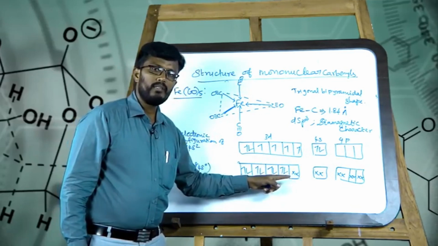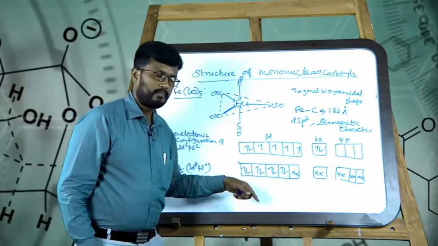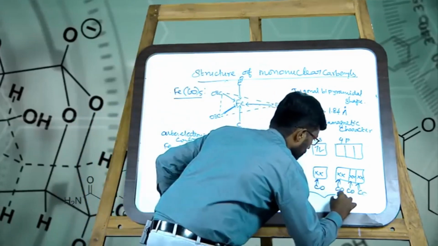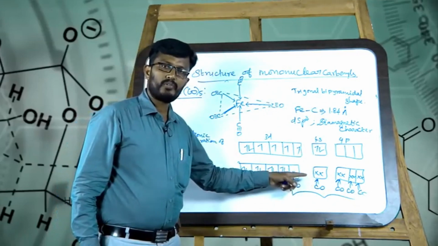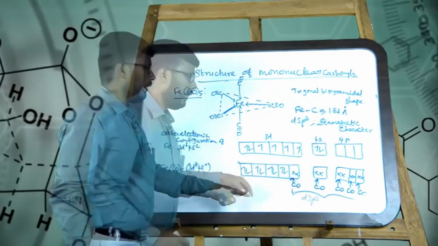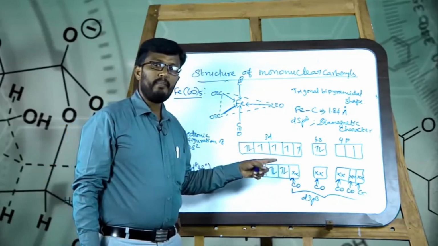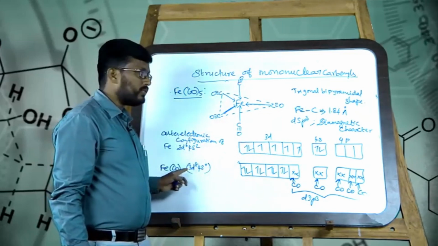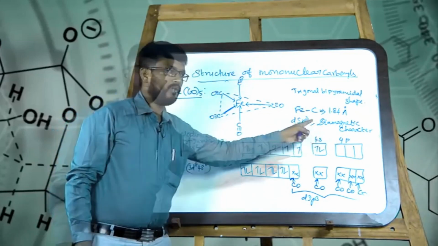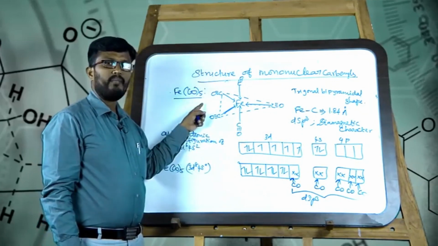The carbonyls tend to donate electrons to the metal atom. The 5 carbonyls donate electrons to the metal atom, and that is dsp3 hybridization. With the absence of unpaired electrons, iron pentacarbonyl shows diamagnetic character. These are all the details of the structure of iron pentacarbonyl.